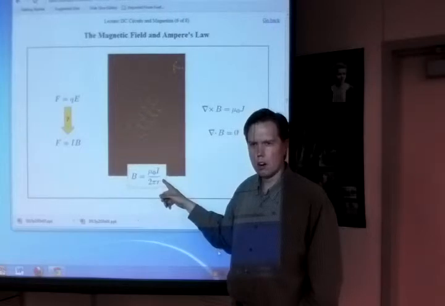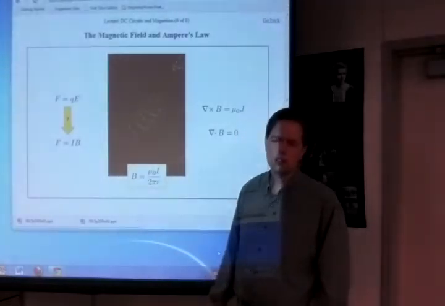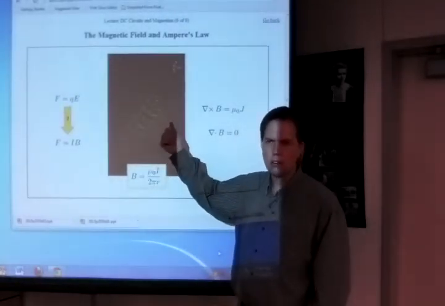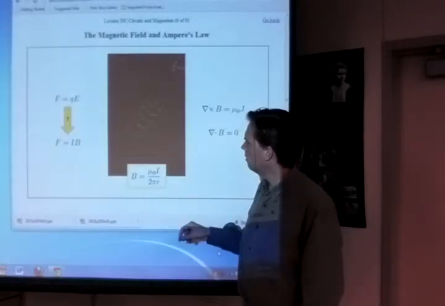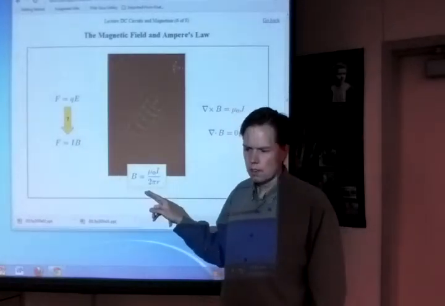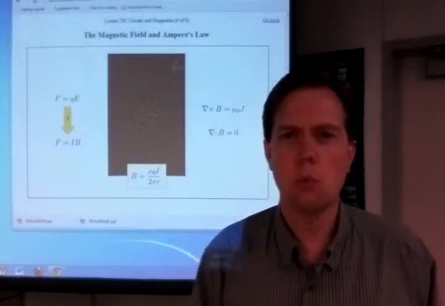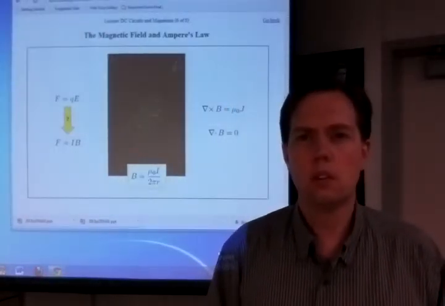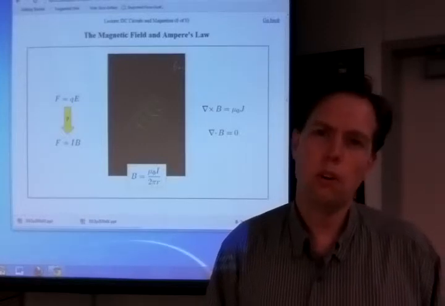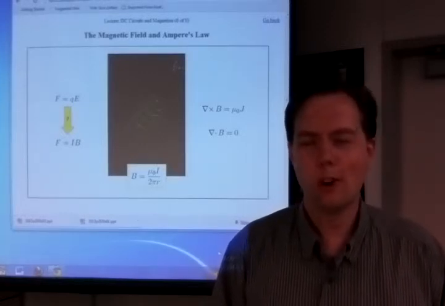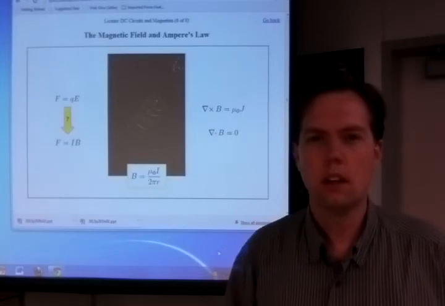It's proportional to 1 over r. And that has to do with the fact that it's a line of current rather than a point. But this is kind of the fundamental formula for the magnetic field, in the same way that E equals Q over 4 pi epsilon naught r squared is to the electric field.